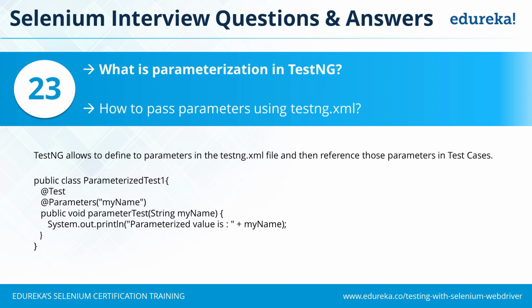Okay, the next question is, what is parameterization in TestNG, and how to pass parameters using the testng.xml file? So we learned just now that the testng.xml file can be used for execution of different test cases. So first of all, let's talk about parameterization. TestNG allows you to define parameters in the testng.xml file and then reference those parameters in test cases.